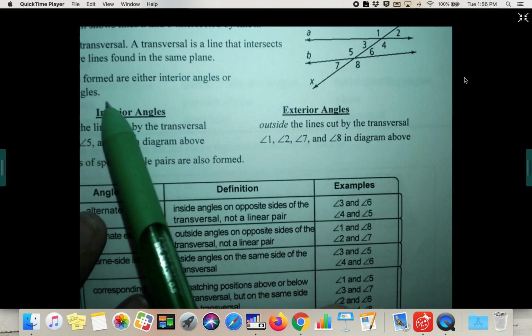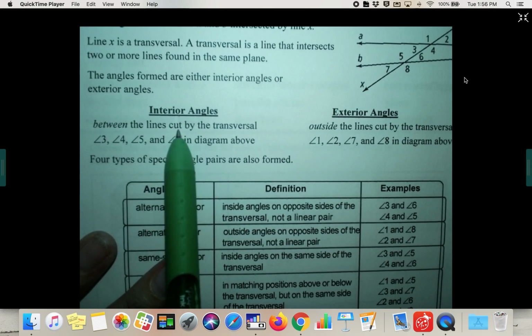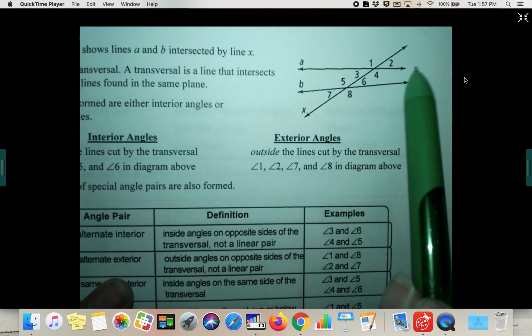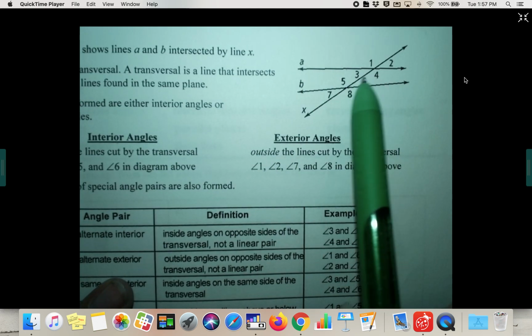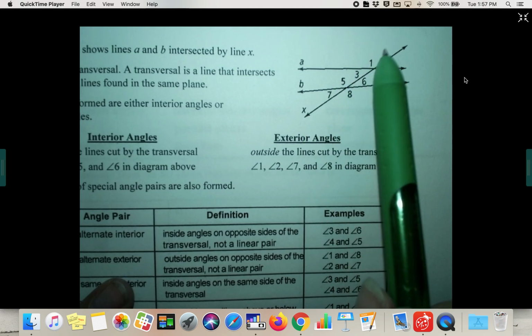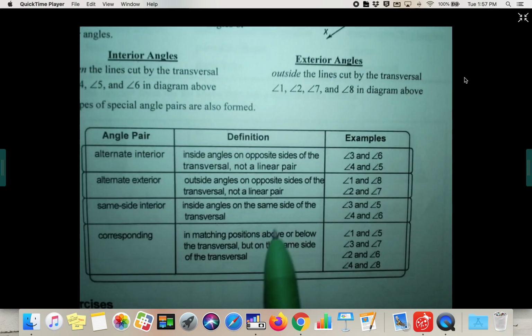So the angles that are formed are either interior angles or exterior angles, and interior angles are exactly what it sounds like, the ones that are inside lines A and B. So that would be like 3, 4, 5, and 6. Those are all interior. And then the ones that are exterior are outside of the lines. So that would be like 1, 2, 7, and 8.